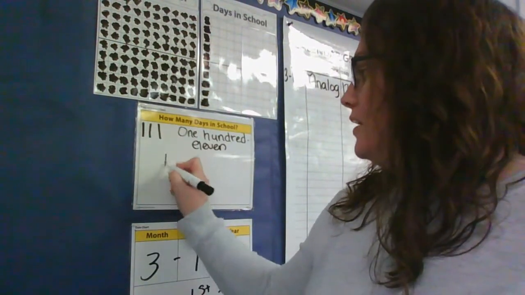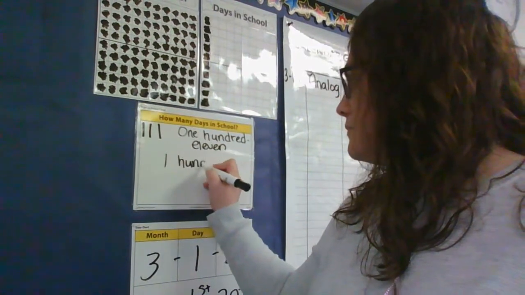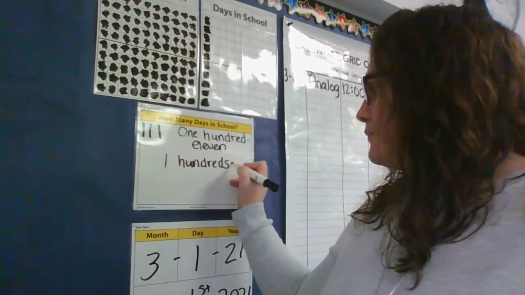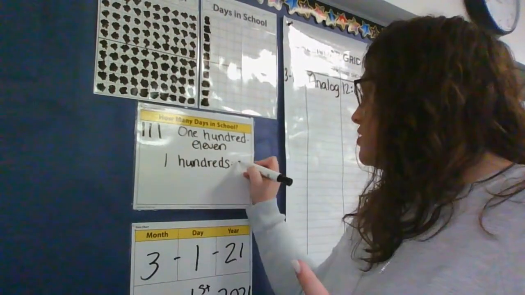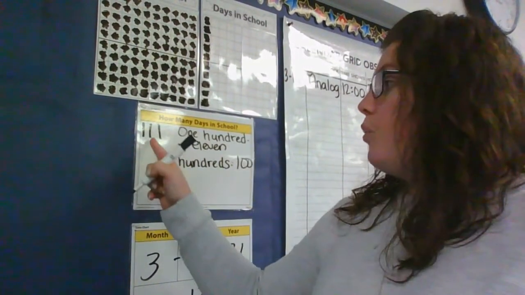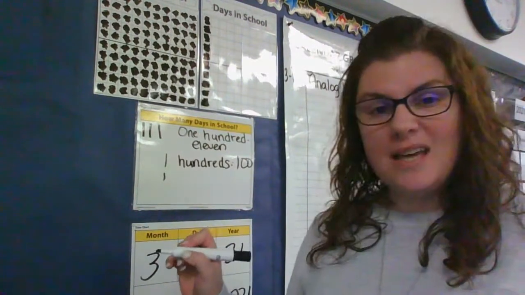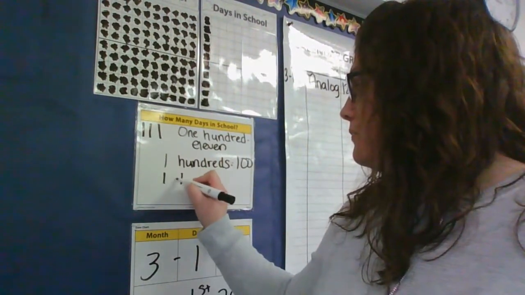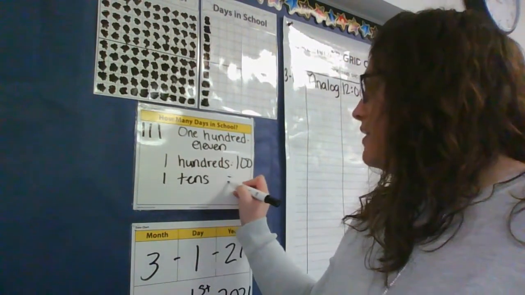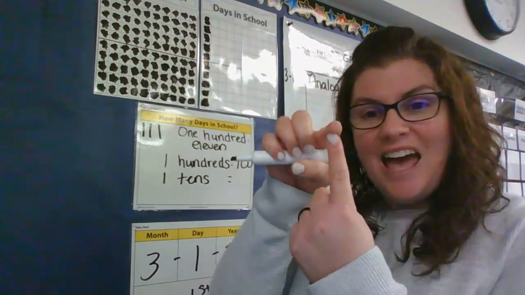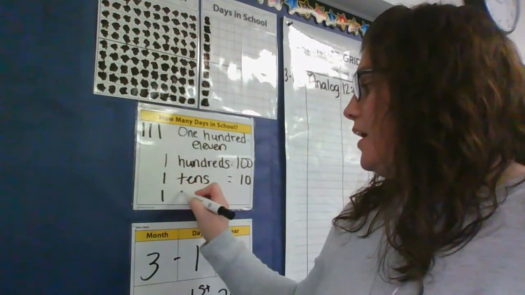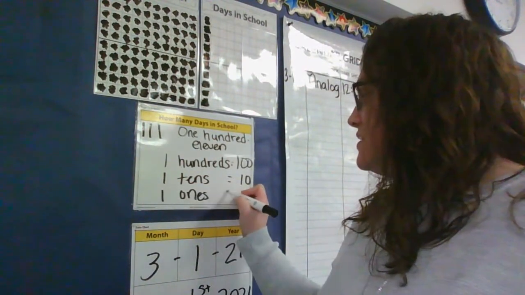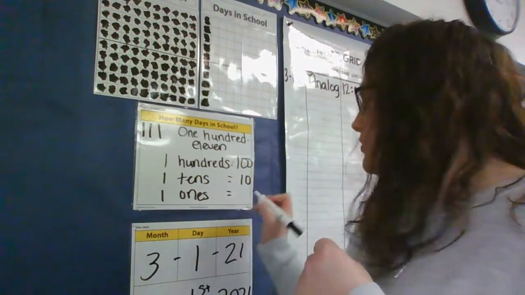So we have 1 in our hundreds, which means what? Means we have 1 hundred. Good. If I have a 1 in my tens, what does that mean? Means I have 10. So I have 10 days in that 110. And then I have a 1 in my ones, which means I just have 1 day all by itself.